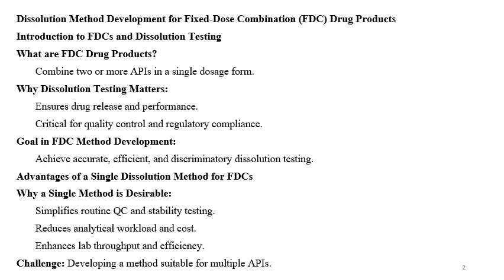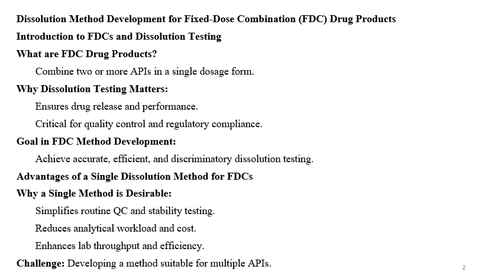As more than one API is present in the formulation, it becomes difficult to develop a suitable dissolution method. Generally, a single dissolution method is advised or required, but it has some challenges.